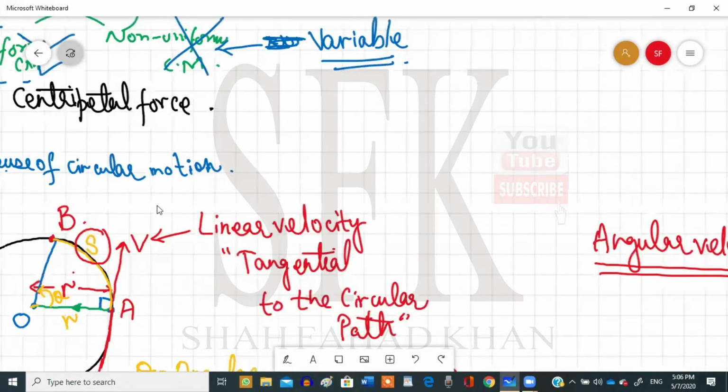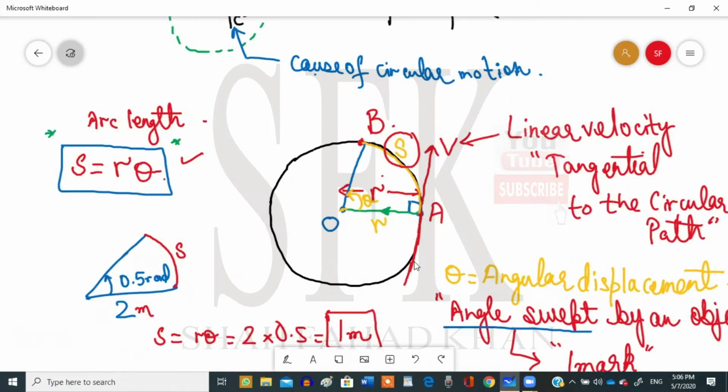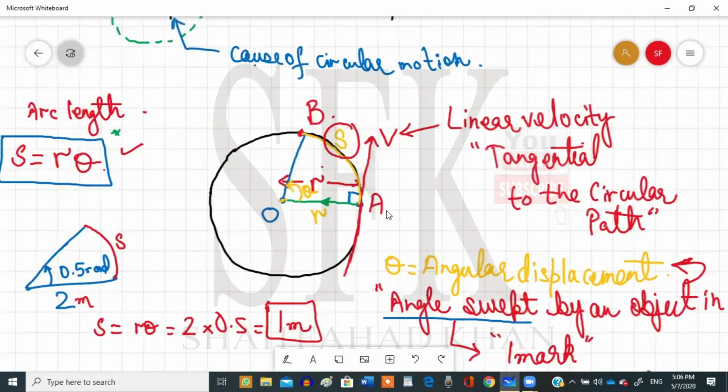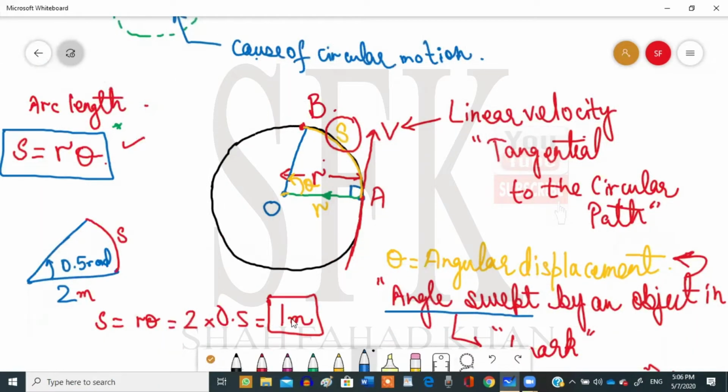So if I ask you that in a uniform circular motion, is the velocity changing or not? What are you supposed to answer me? Anyone? Does the velocity change in a uniform circular motion or not? Remember that the speed is constant, but is velocity constant? No. Correct, Hassan. You are very correct.